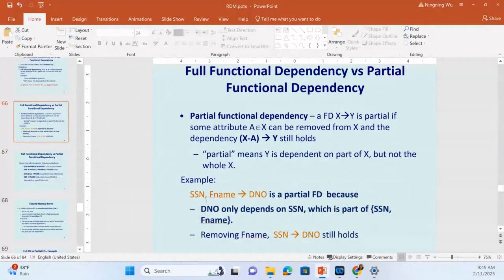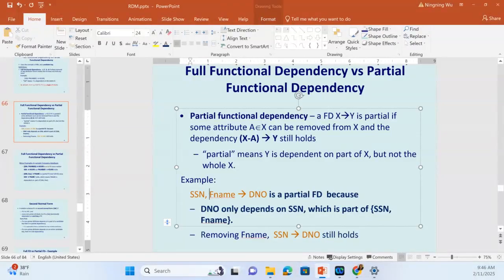Since SSN is the key for that table containing SSN, F name, and DNO, given the SSN value, we are able to retrieve only one record from that table, because SSN is the primary key. Then we know the corresponding D number. In other words, we really do not need to know the F name.